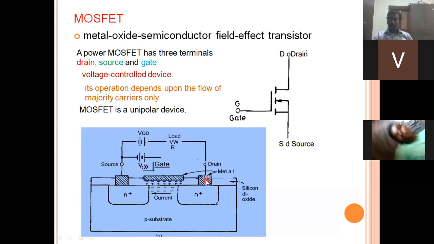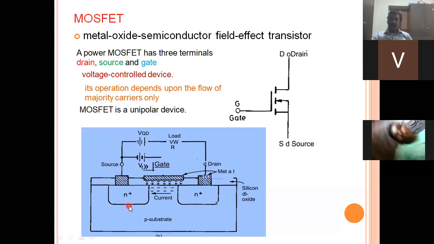One acts as the drain and one acts as the source. In between these two, on top of the insulating silicon dioxide layer, you have the gate terminal. So this is the gate terminal, this is the drain, and this is the source.